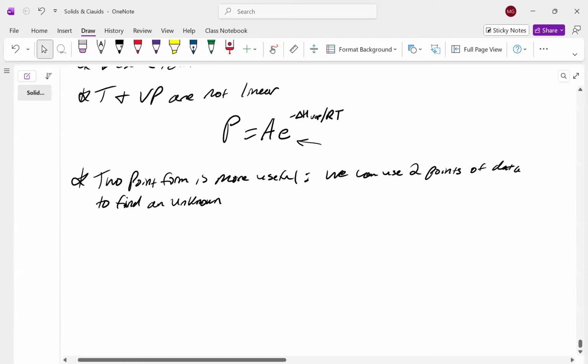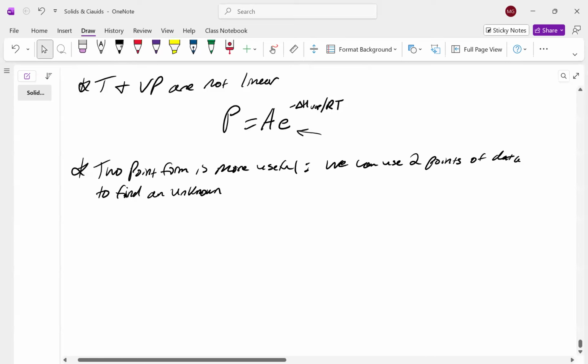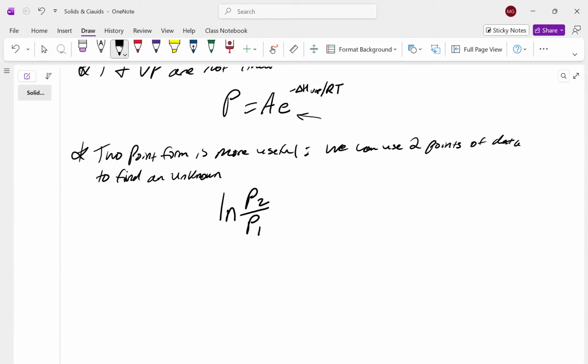Essentially, it takes this original Clausius-Clapeyron equation and allows us to compare pressure and temperature at two sets of conditions. And you don't worry about how to derive this, but the natural log of P2 over P1 is equal to the delta H of vaporization divided by R, and then times this term, 1 over T2 minus 1 over T1.